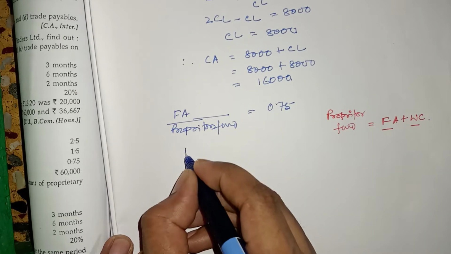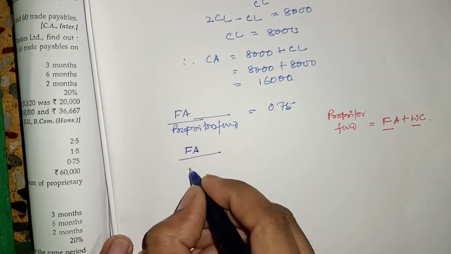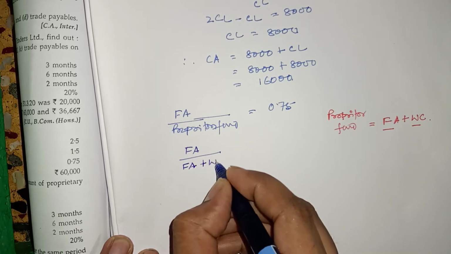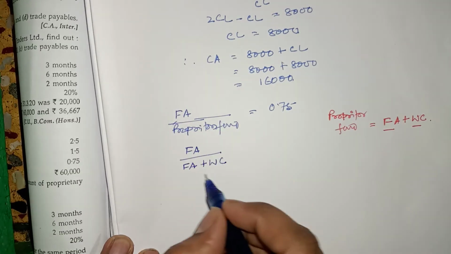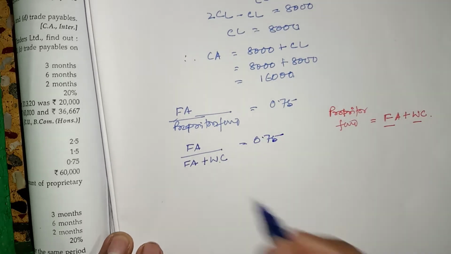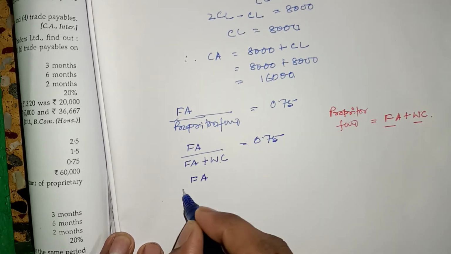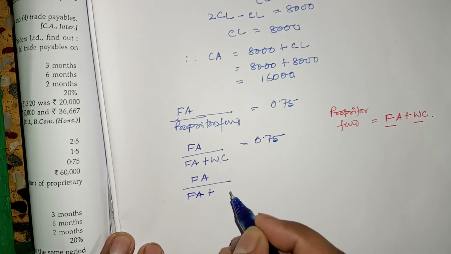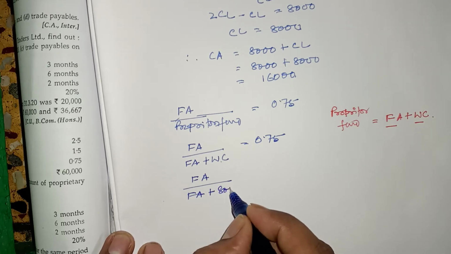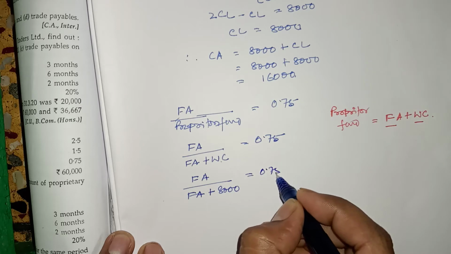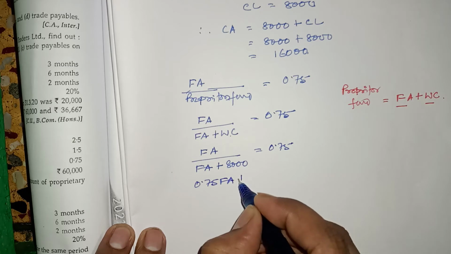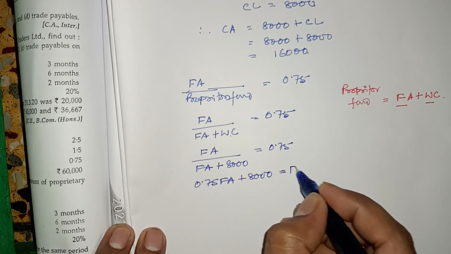So in proprietors fund we have to write fixed assets plus working capital. Instead of proprietors fund, we can write fixed assets plus working capital is equal to 0.75. Now we don't know the value of the fixed assets, but we know that our working capital is 8000. So as a result, we can easily find the value of fixed assets.